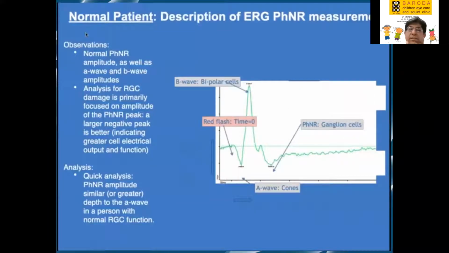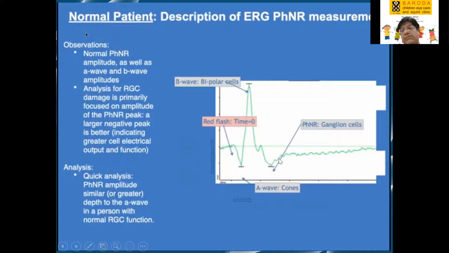Another new thing which has come up is PHNR, the photopic negative response. This is the A wave and this is the B wave, and this I think is the C wave. But there is a photopic negative response that you get from ganglion cells. The first wave comes from the photoreceptors, the depolarization, and then you get it from the bipolar cells.